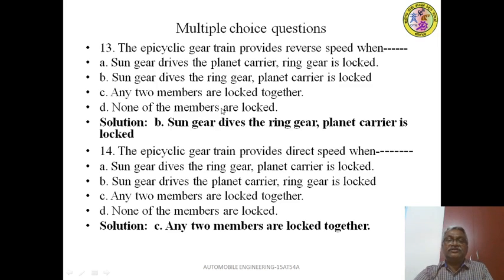Next, multiple choice questions. The epicyclic gear train provides reverse speed when, there are 4 options here. Out of these options, sun gear drives the ring gear, planet carrier is locked. Consider sun gear is rotating in clockwise direction.